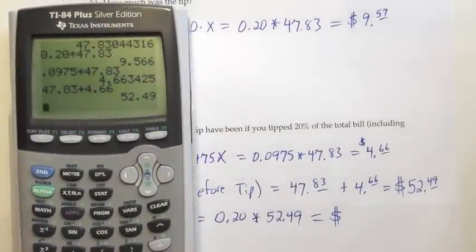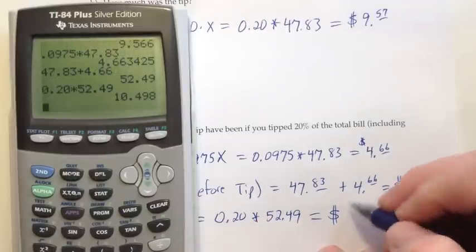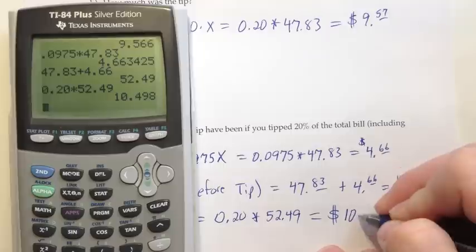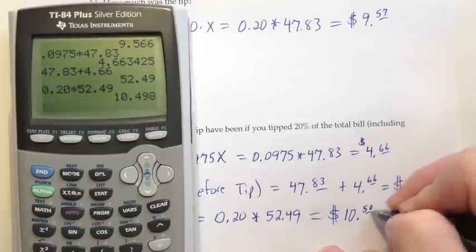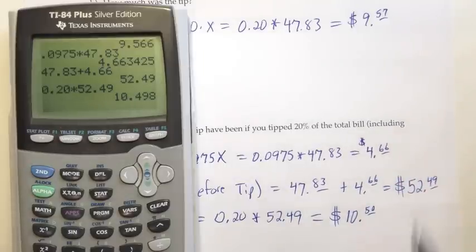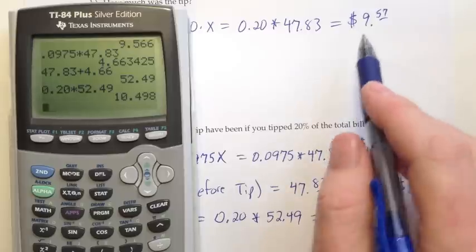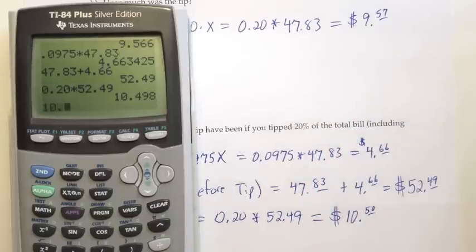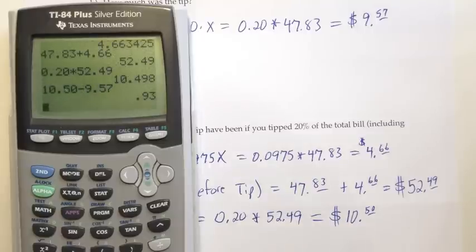So bring the calculator in one more time. 20% of $52.49 is $10.50 if I round that to the nearest penny. So it is different. And if you look at what we had done originally, it was $9.57. So if you take that $10.50 minus the $9.57, it's about an extra dollar if you do the tip after the tax has been applied.